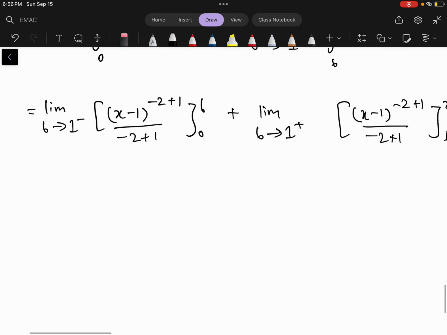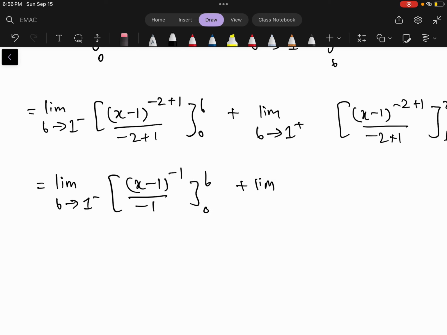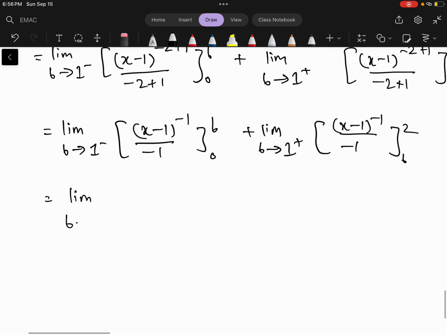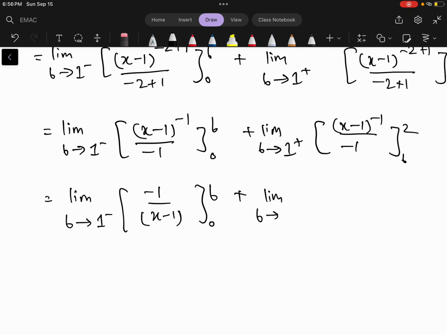Okay, so upon simplifying, what do we get? This is x minus 1 raised to negative 1 over negative 1, from 0 to b, and the same thing for the second term. So this is the limit as b approaches 1 minus of negative 1 over x minus 1, from 0 to b, plus the limit as b approaches 1 plus of negative 1 over x minus 1 from b to 2.